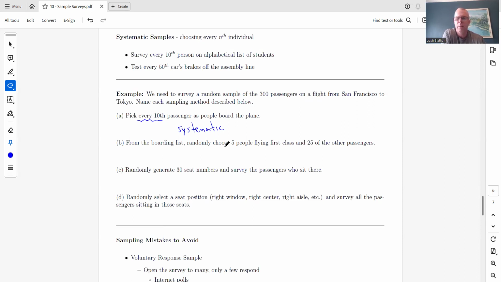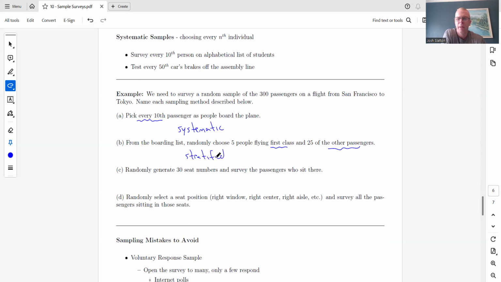From the boarding list, randomly choose 5 people flying first class and 25 of the other passengers. So here we have divided into groups: first class, and other classes, coach and whatever. And we're getting some from each. So this would be stratified.